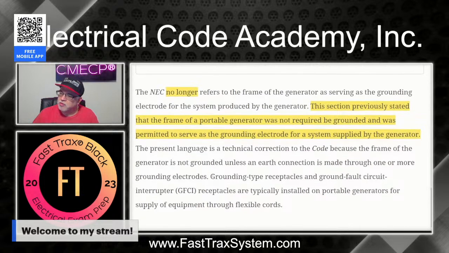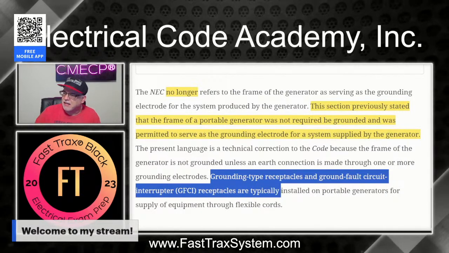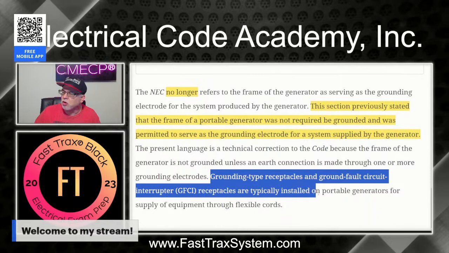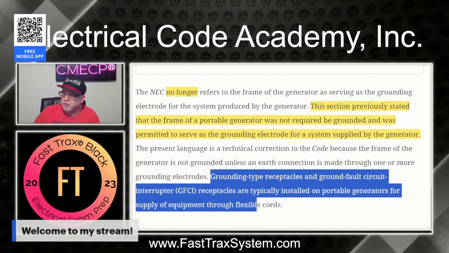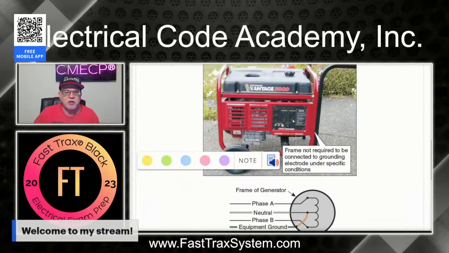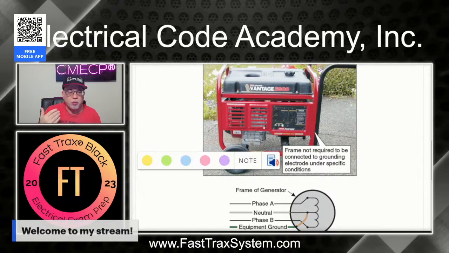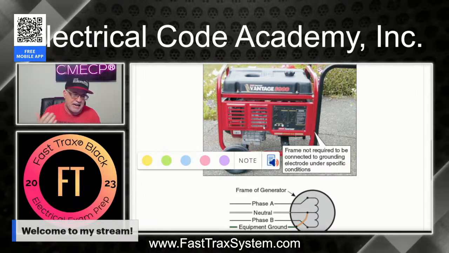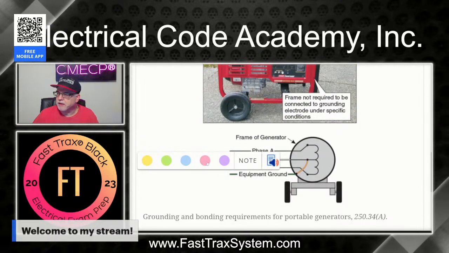It also goes on to say grounding type receptacles and ground fault circuit interrupter receptacles are typically installed on portable generators for supply of equipment through flexible cords. We saw that in this illustration. Here are the receptacles. Everybody's seen it. You go buy your portable generator, whether you use it for a job site, construction site, campsite, however you want to do it, that's your portable generator.